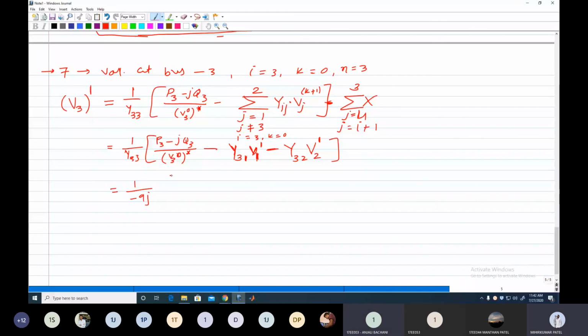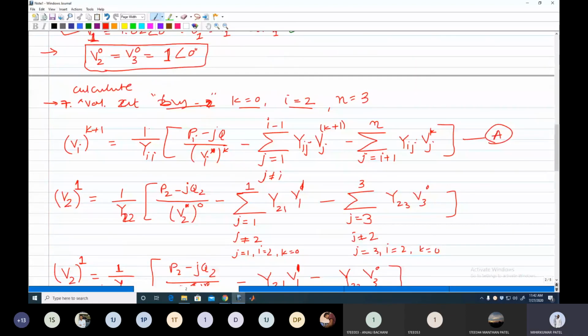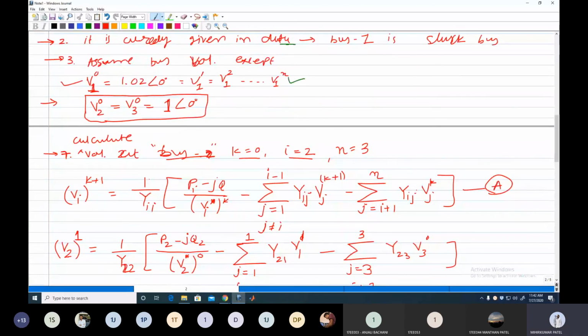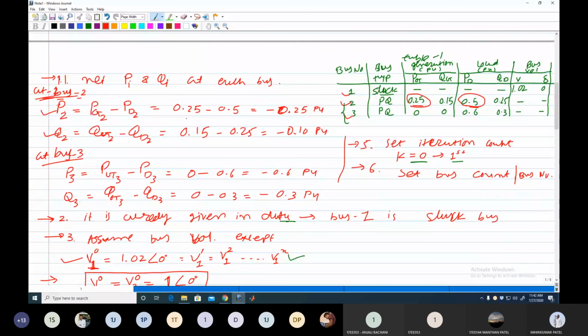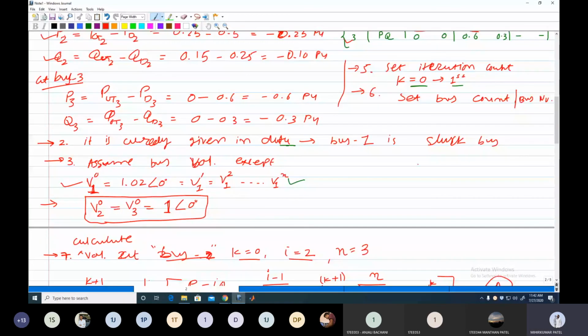Then net active and reactive power at bus number 3 is P3. Just see the data. What is the value of P3? You have derived over here in step number 1. P3 is minus 0.6, Q3 is minus 0.3. Okay, just substitute the value of P3 and Q3.